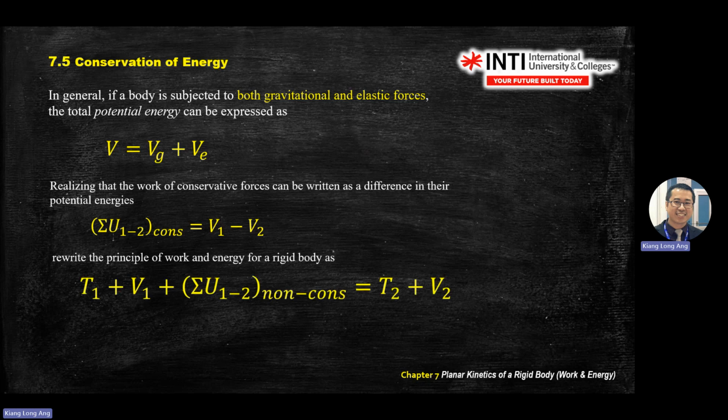So the complete principle of work and energy, extended to conservation of energy, is this one. The complete principle is kinetic plus potential, this is the energy before, plus the work done, equals the kinetic energy after. This is the complete one.